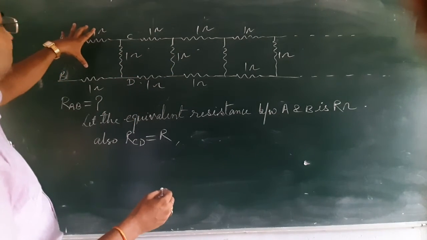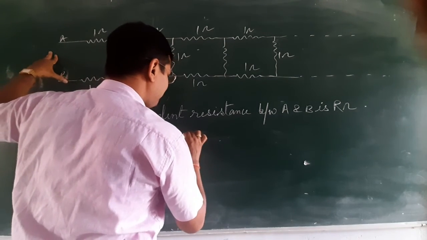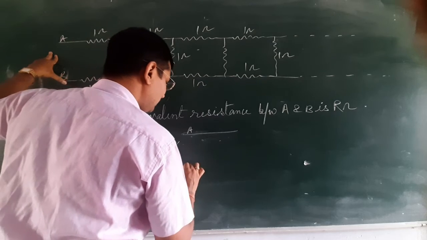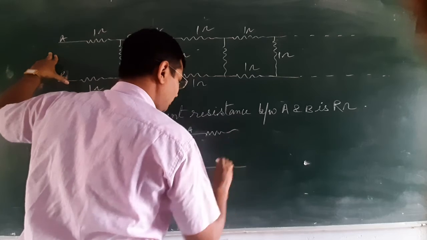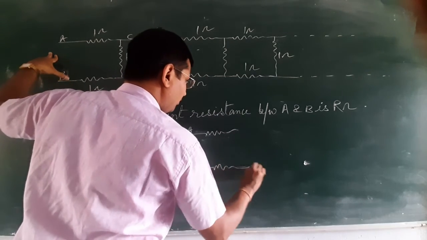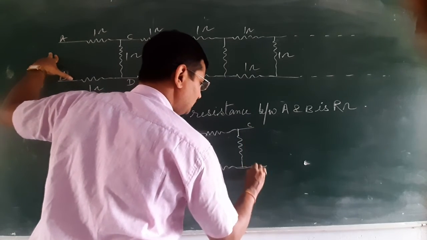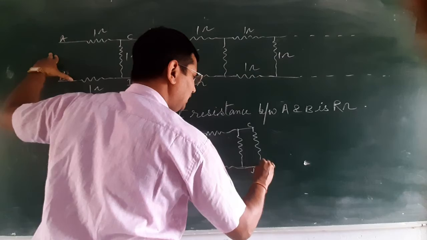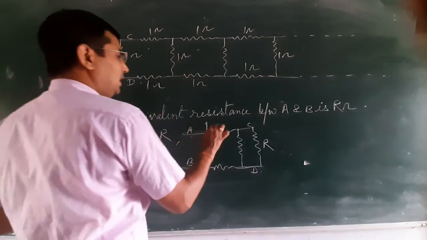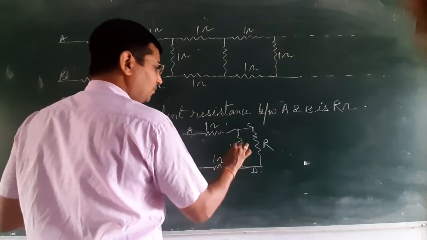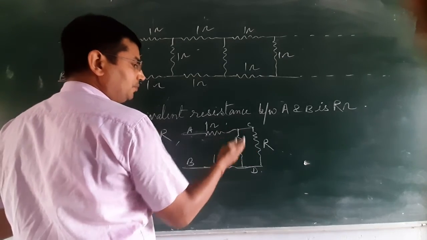So this circuit can be redrawn as here A, B, and this point is C, this is D. So in between C and D, equivalent resistance R can be connected, with 1 ohm, 1 ohm, 1 ohm. Now what about the equivalent resistance between C and D?